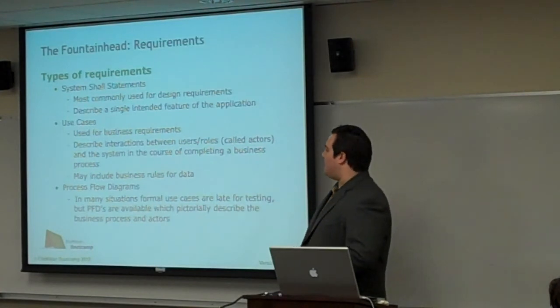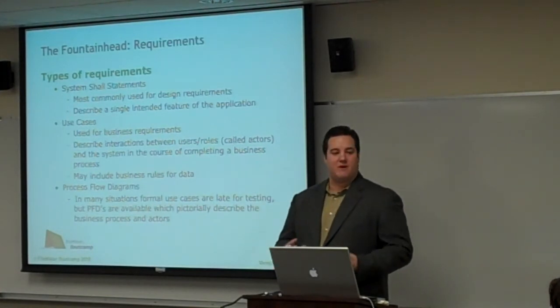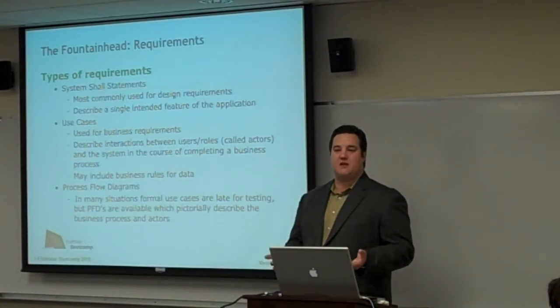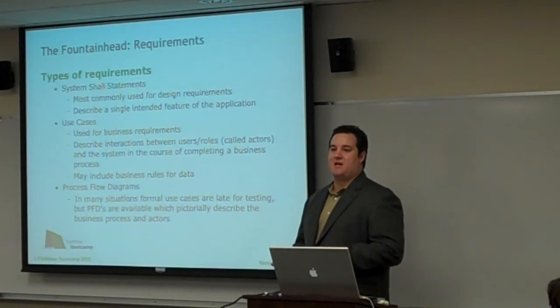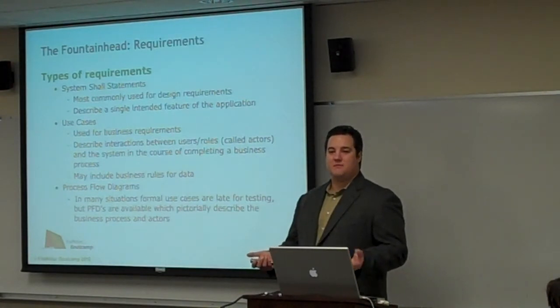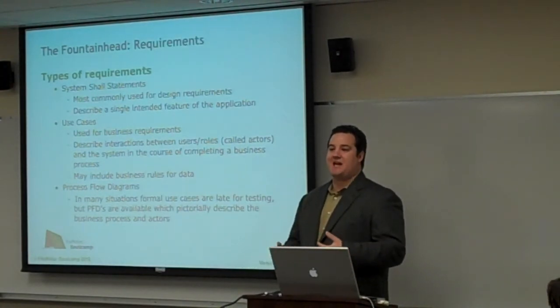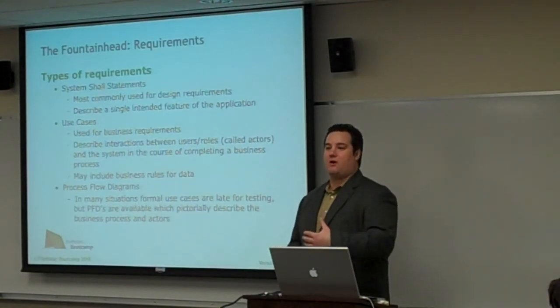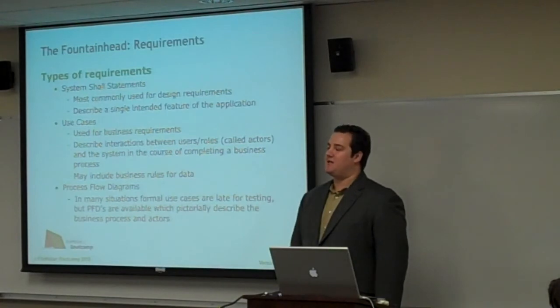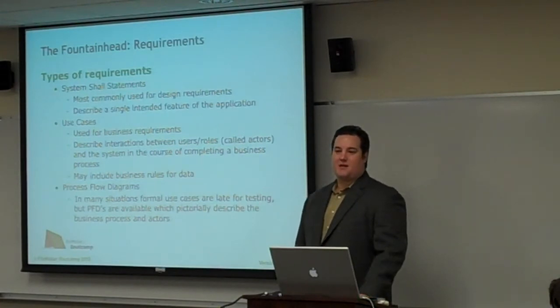And if the organization you're working with is not real mature, one of the things that we can have is process flow diagrams. Almost every company has diagrams of what their process is. You can tap into that and use those as a springboard for a set of requirements if you don't have a formally documented set of requirements.